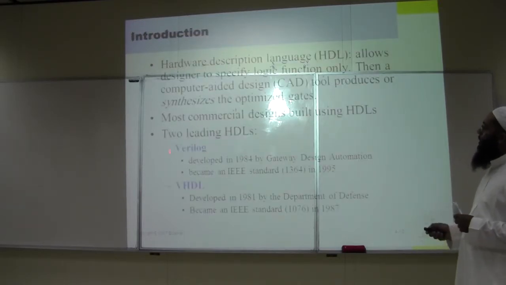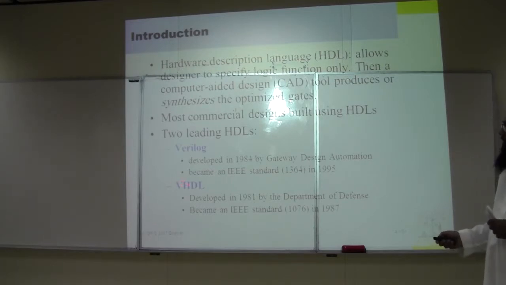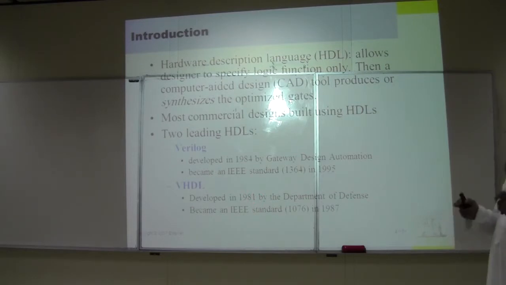So these are the topics we will see. The two main HDLs are Verilog and VHDL. You can see VHDL was developed around 1984 and Verilog around 1981, around the same time by different groups.